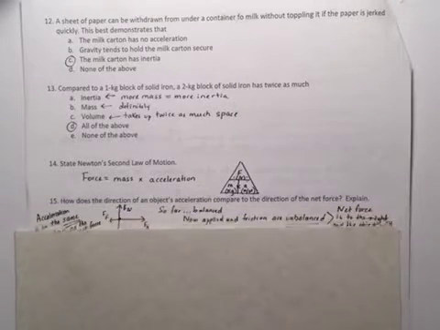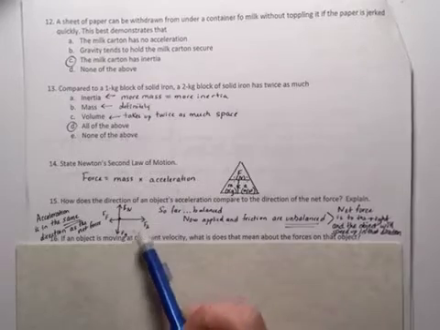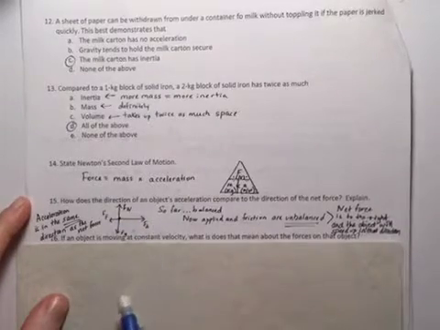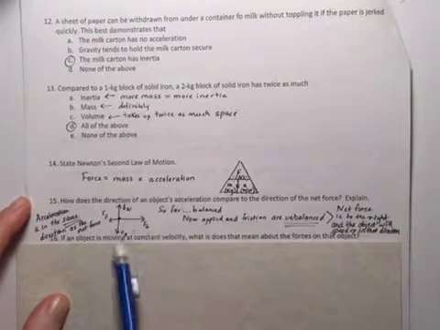Number 15, how does the direction of an object's acceleration compare to the direction of the net force? And explain. Okay. So first of all, I drew myself a little force diagram of something that was accelerating because the forces are unbalanced.